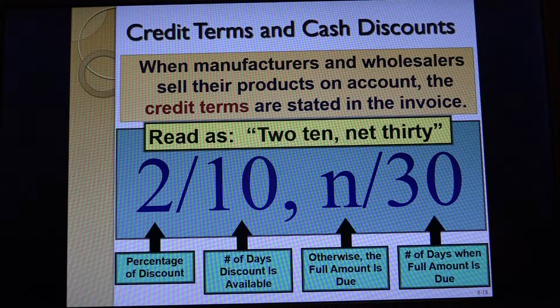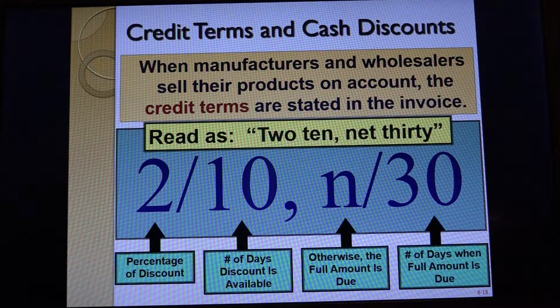And so you need to be familiar with the language of credit terms. And so when manufacturers and wholesalers sell their products on account, credit terms are stated on the invoice.